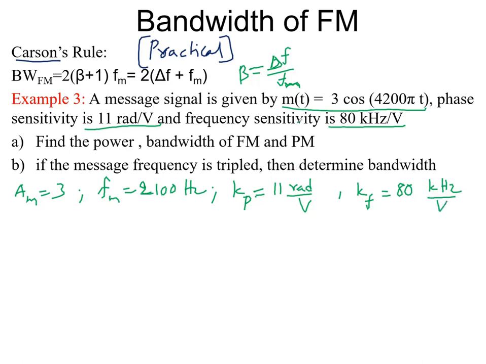Now look at the problem once and see what has been asked. Find the power and bandwidth of FM and PM. If the message frequency is tripled, then determine the bandwidth.